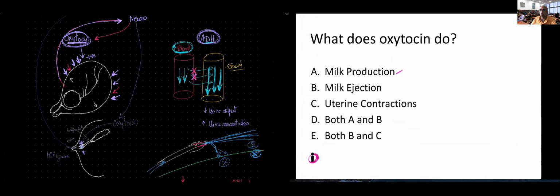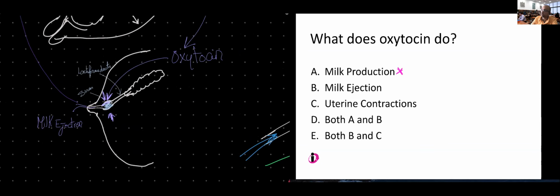Remember, the one responsible for production is the one called prolactin, right? So it's not responsible for production. Am I doing anything related to milk ejection? Yes, remember the oxytocin was contracting the lactiferous sinuses, allowing the milk ejection or milk letdown.